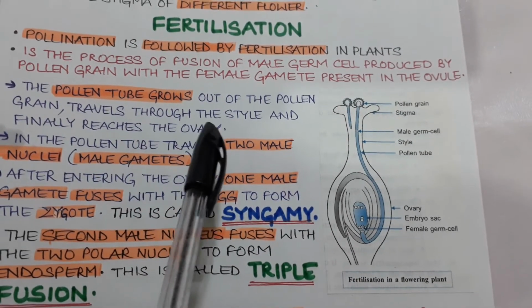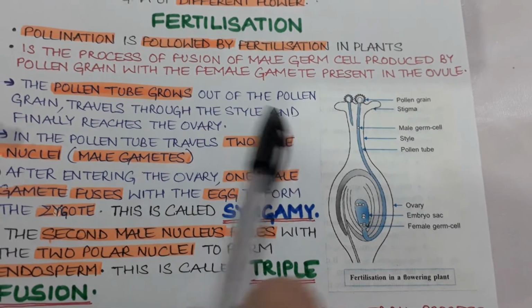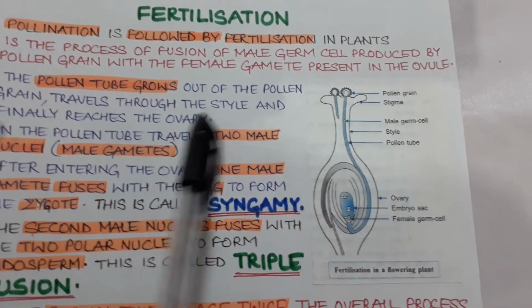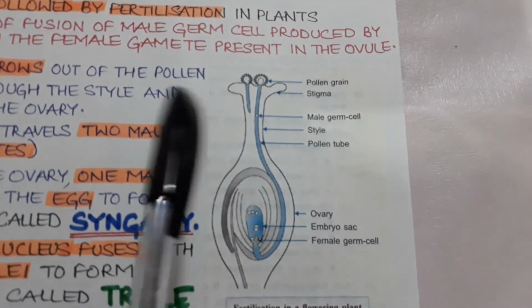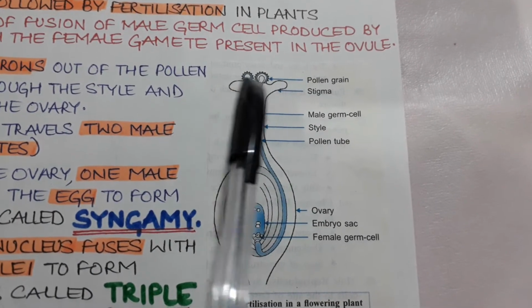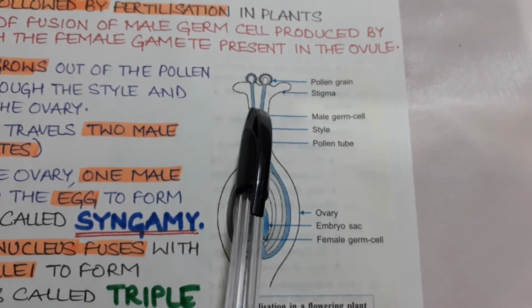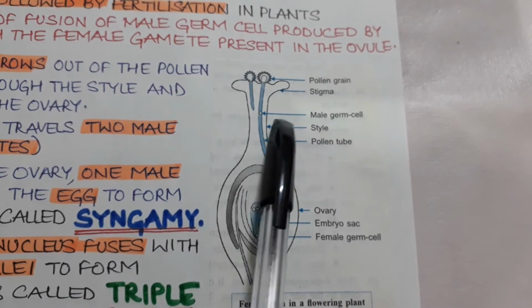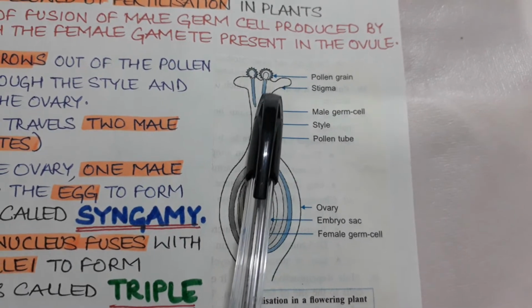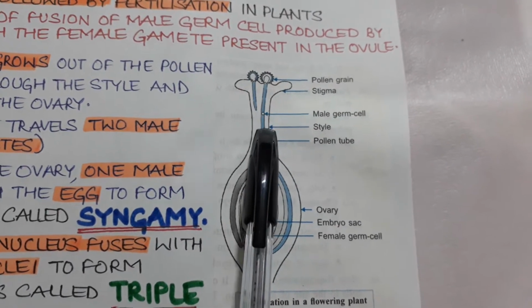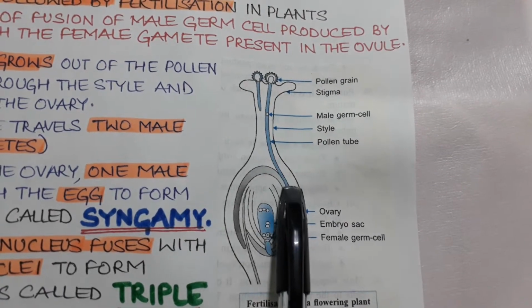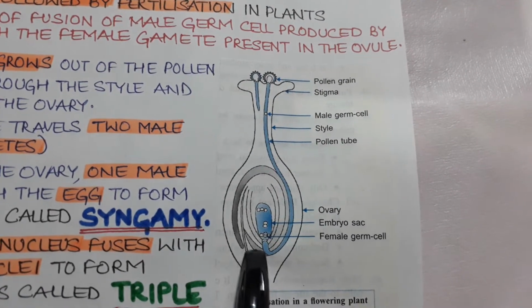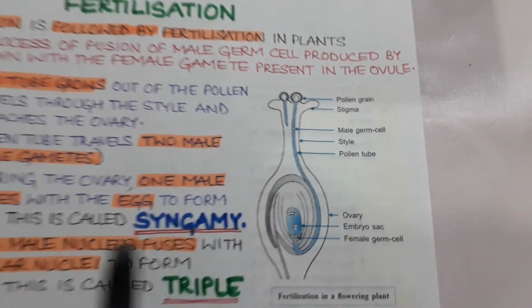These tubes travel through the style and finally reach the ovary. As we can see in this diagram, from the pollen grains on the stigma arises a tube that is called the pollen tube. This pollen tube gradually travels through the style and ultimately moves towards the ovary.